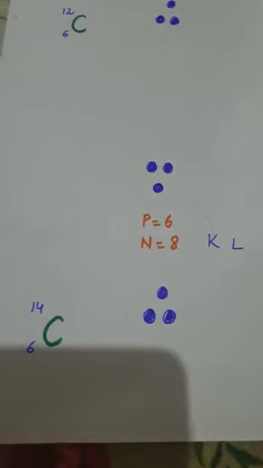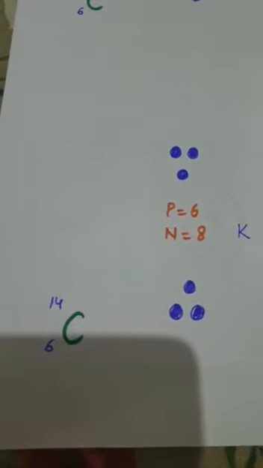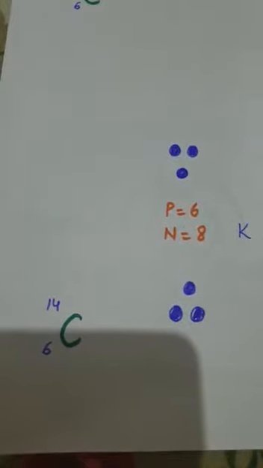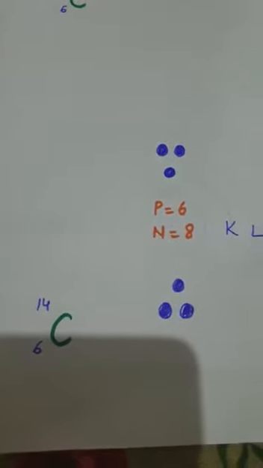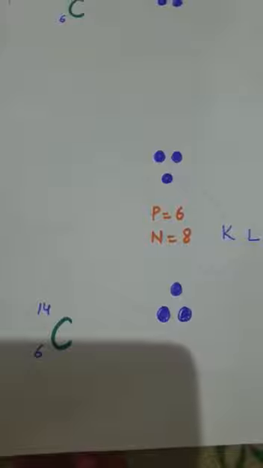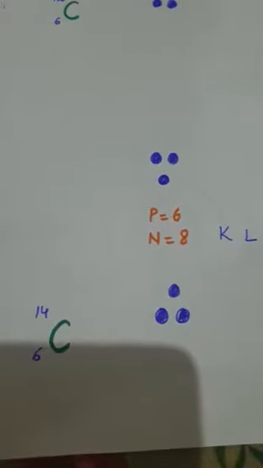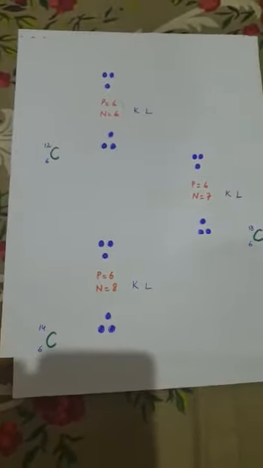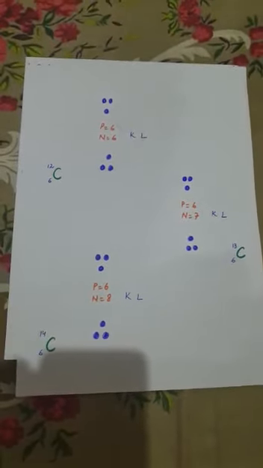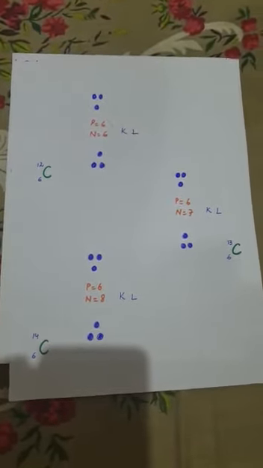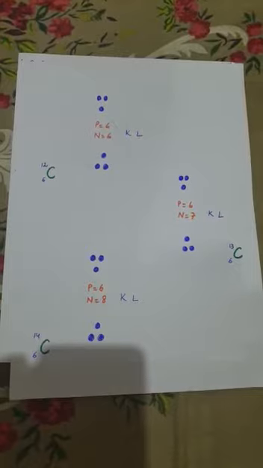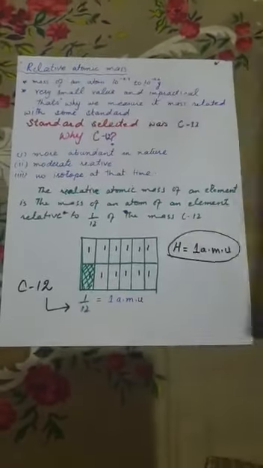When we add protons and neutrons, 6 plus 8 gives us 14. So the atomic mass is 14, and the atomic number remains the same because the number of protons is 6. In all three examples the atomic numbers are the same, but the atomic masses are different because of the number of neutrons.